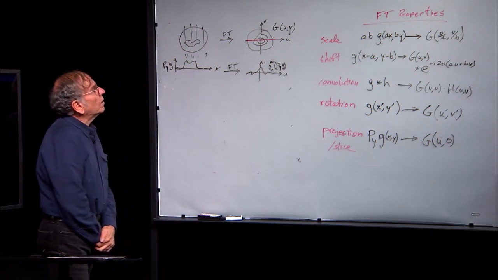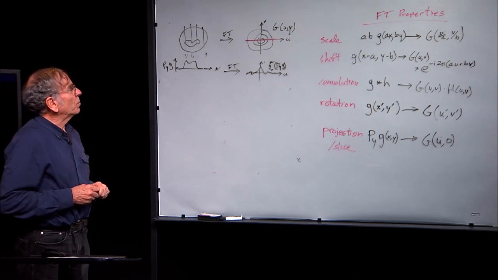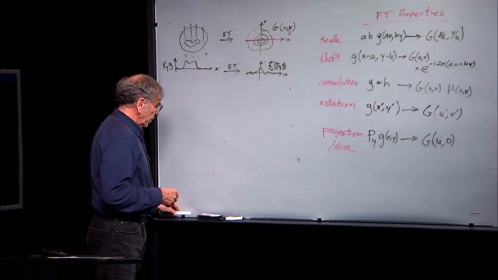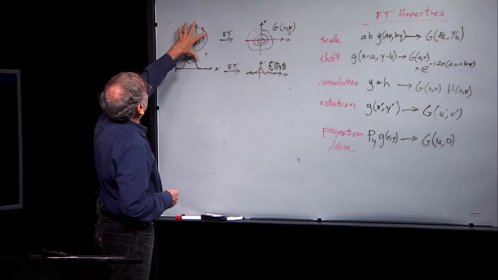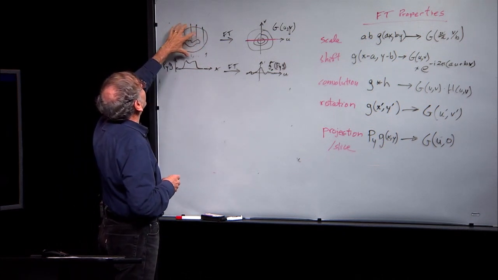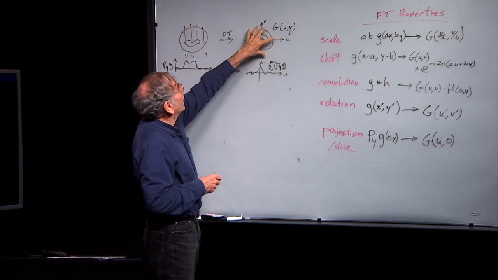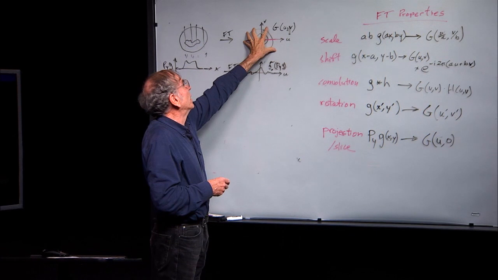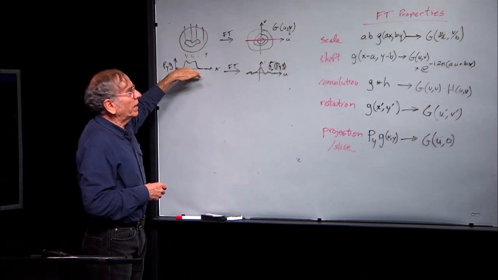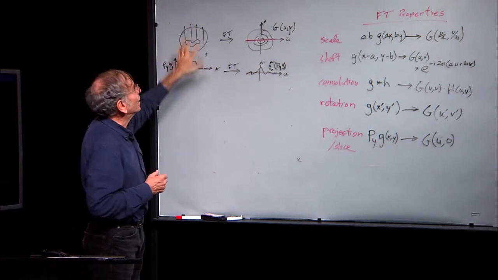Now, this is not all that interesting except when we combine it with the rotation property. So what the rotation property says is, of course, imagine rotating the person inside a CAT scan machine. So you rotate the person a little bit. Of course, we know that that will rotate the Fourier transform a little bit. We again do this projection along the y-axis, but we'll get a slightly different thing because we're projecting through the rotated person.